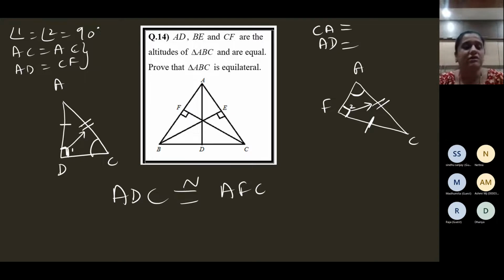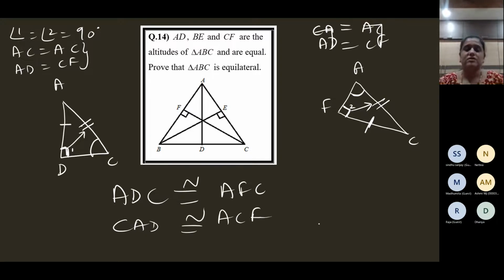And then here C is common, so ACCF as it is. So it will be CAD congruent to ACF. If you want to write ADC, you must say it's congruent to CFA. Okay, now this is the correct order.